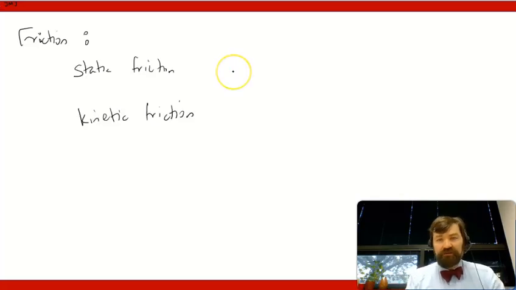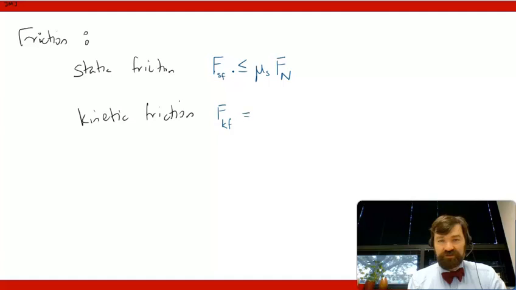So why might that matter? Well, let's consider friction. If I have a velocity of 0, then what kind of friction am I using? My options are static friction, that is force of static friction, which is less than or equal to the static friction coefficient times the normal force. Or I could have the kinetic friction, which is just equal to mu kinetic times the normal force.